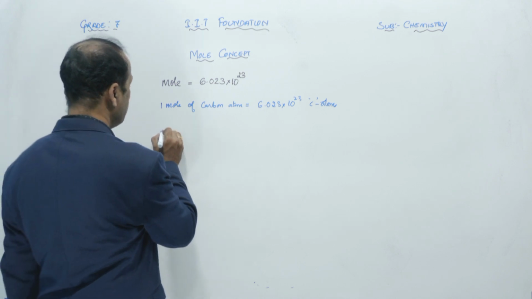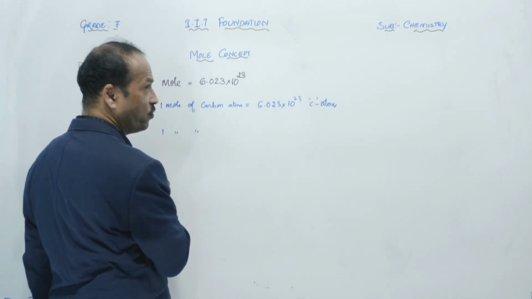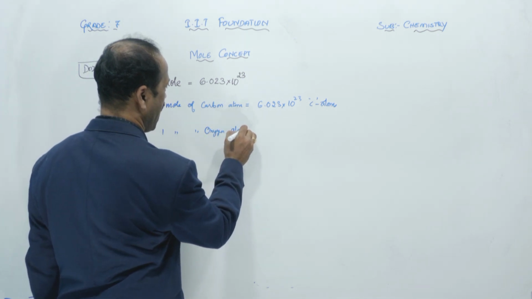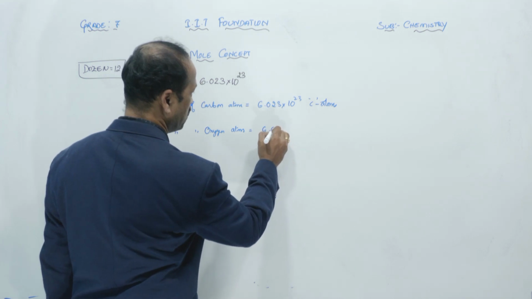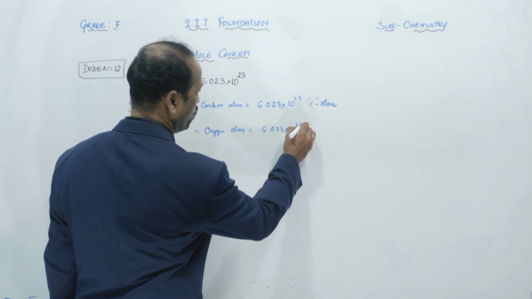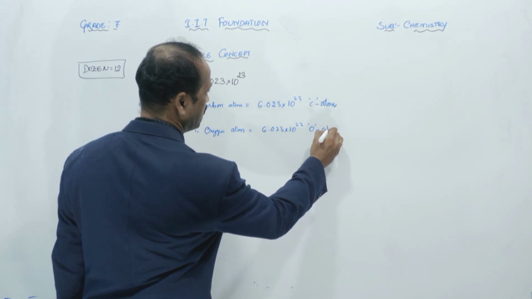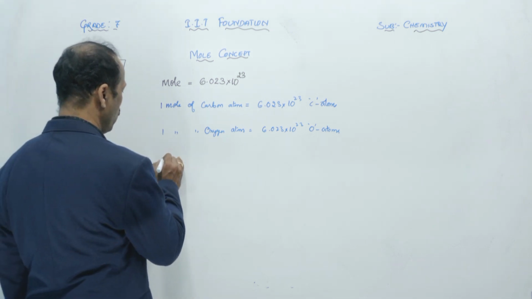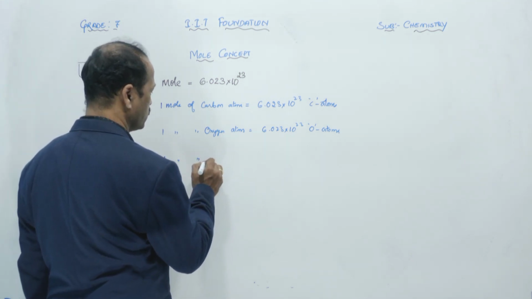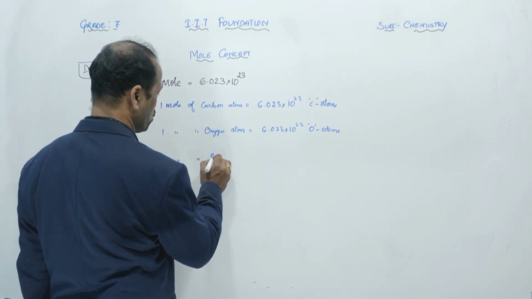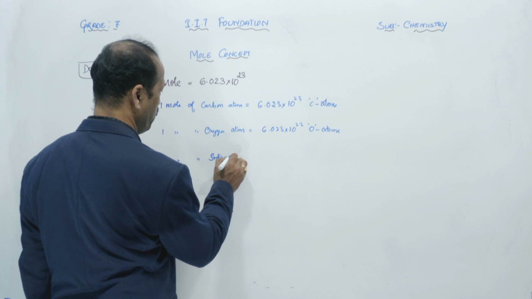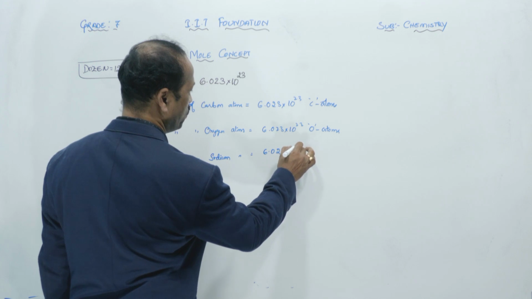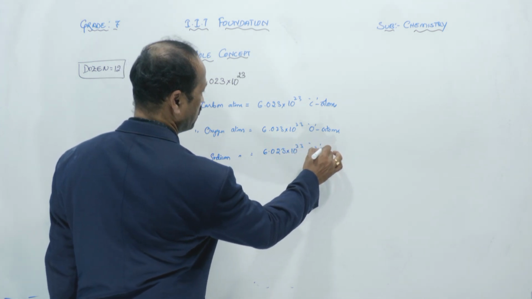Similarly, if I say 1 mole of, okay, now I will write oxygen atoms. That is 6.023 into 10 to the power of 23 oxygen atoms. Clear? If I say that 1 mole of sodium atoms means what? 6.023 into 10 to the power of 23 sodium atoms.